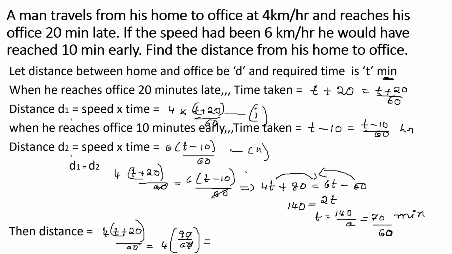So 3 2s are 6, 3 3s are 9, then 2 1s are 2, 2 into 3, 6 kilometers is the distance from office to home.